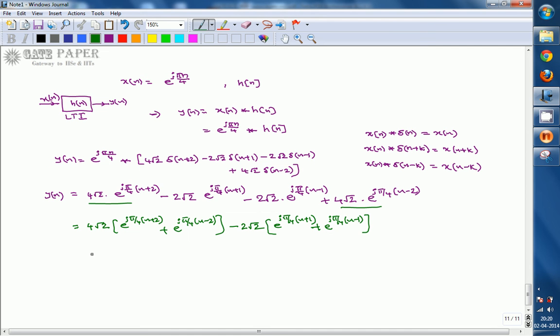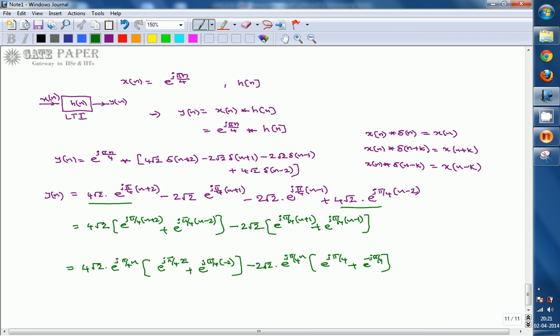Now take 4 root 2 e power j pi by 4 n as common, giving e power j pi by 4 into 2 plus e power j pi by 4 into minus 2. And taking minus 2 root 2 e power j pi by 4 n as common, it becomes e power j pi by 4 plus e power minus j pi by 4.